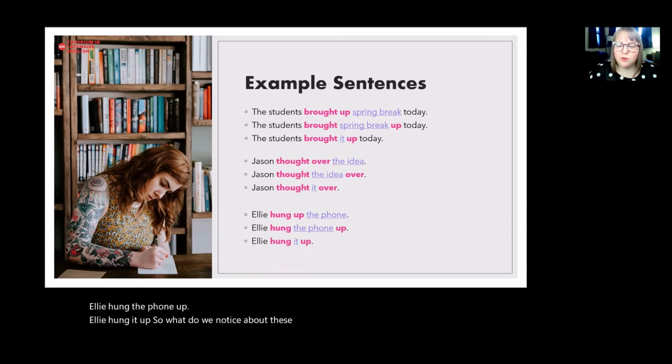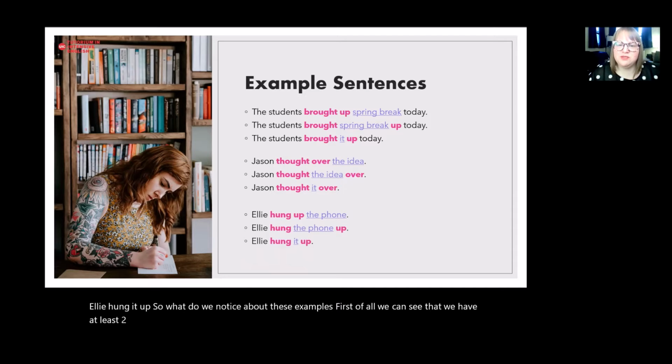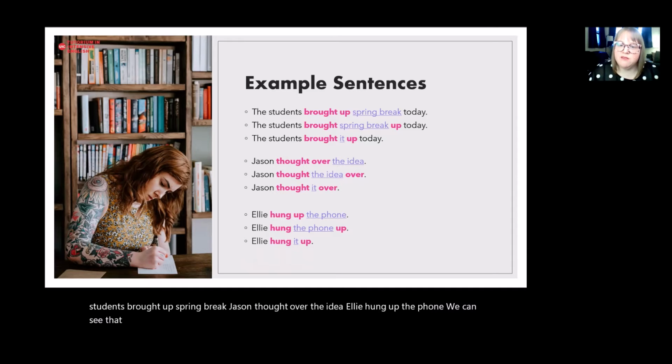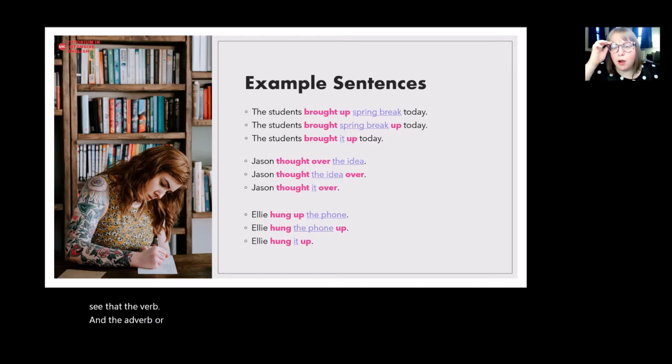So what do we notice about these examples? Well, first of all, we can see that we have at least two ways to use a phrasal verb. If we look at the first sentence in each example, the students brought up spring break. Jason thought over the idea. Ellie hung up the phone. We can see that the verb and the adverb or the preposition are together, and that is perfectly fine.